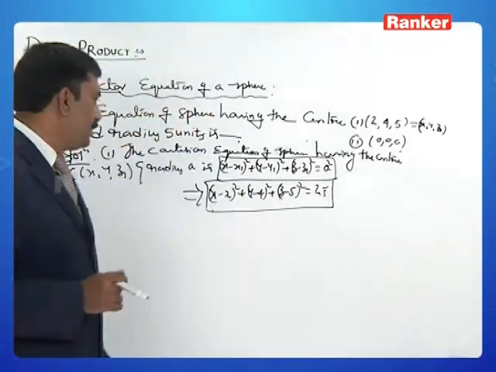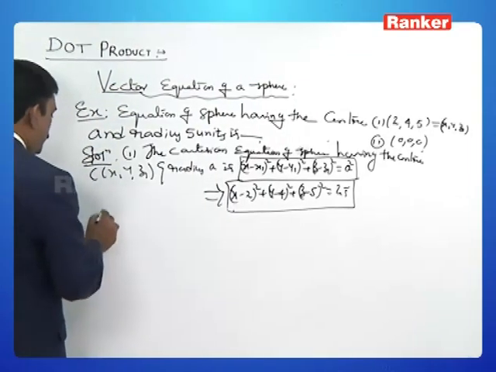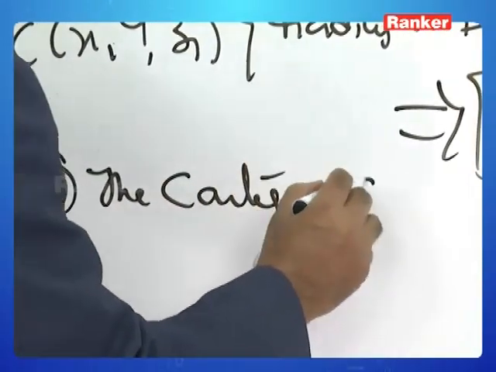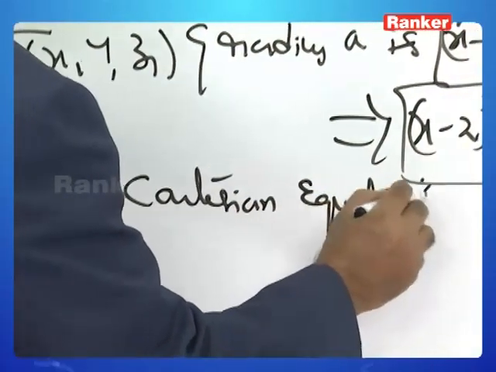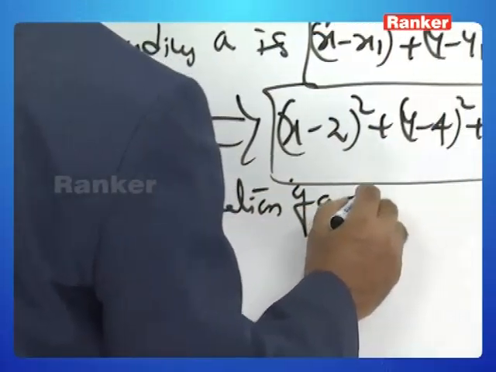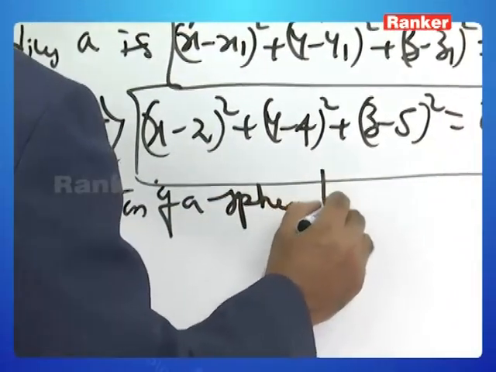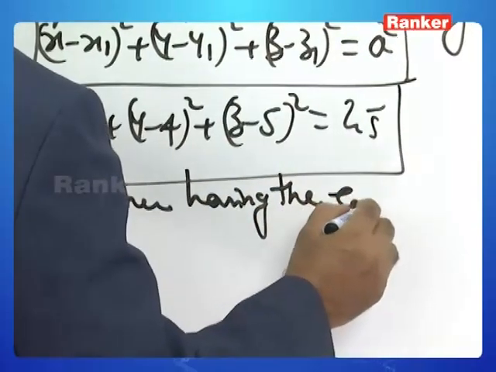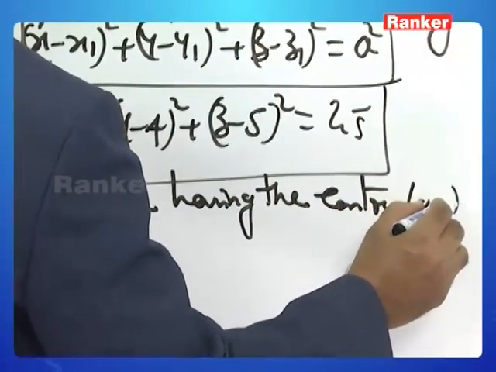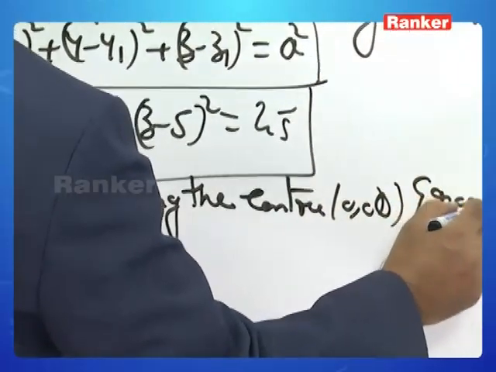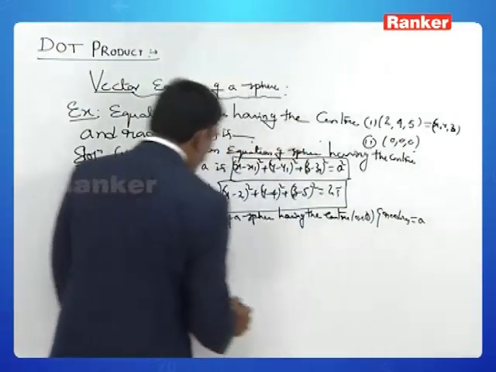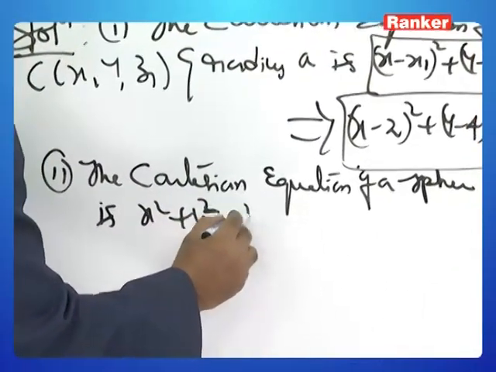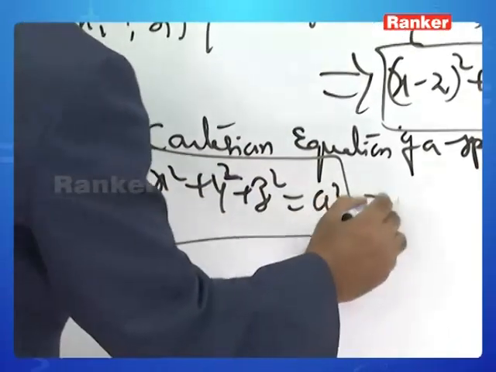Next, let us recall the same concept: the equation of a sphere having the center at the origin. The second one is the Cartesian equation of a sphere having the center (0, 0, 0) and radius a: x² + y² + z² = a².